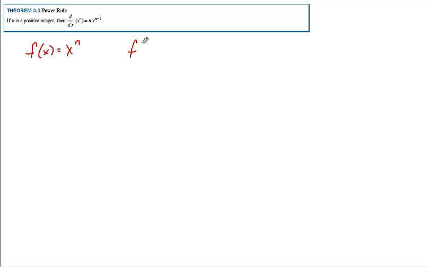So I'd like to know what f prime of x is for anything of this form. I'm going to use this definition of the derivative. It'll make it pretty simple, at least I hope anyway.